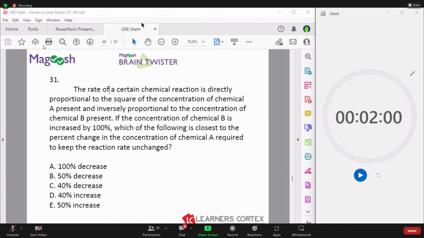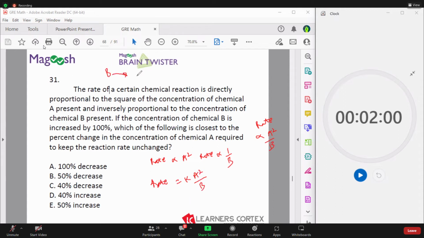Sure, sir. The question says the rate of the reaction is directly proportional to concentration of A square and inversely proportional to concentration of B. So we can write rate is directly proportional to A square by B. So to keep the rate constant, in the second case, the concentration of B is increased by 100%.